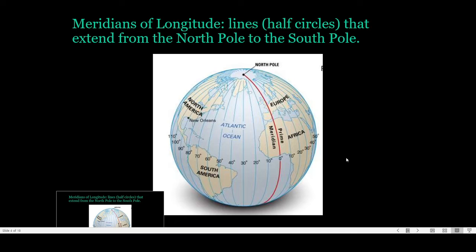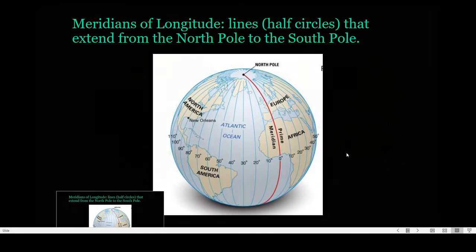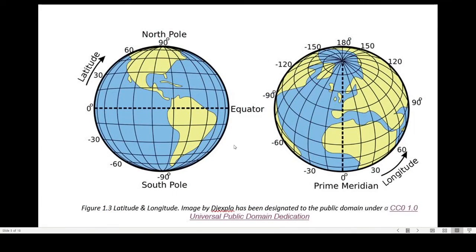Again, this is a diagram from the lab, and it's showing you latitude in this picture: 0 degrees to 90 degrees north and 0 degrees to 90 degrees south.